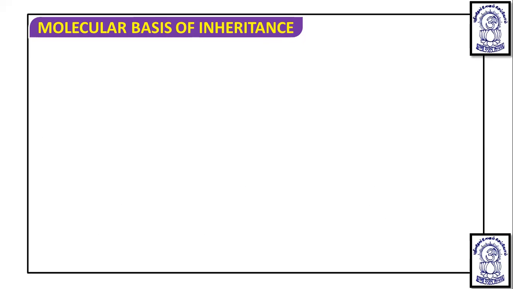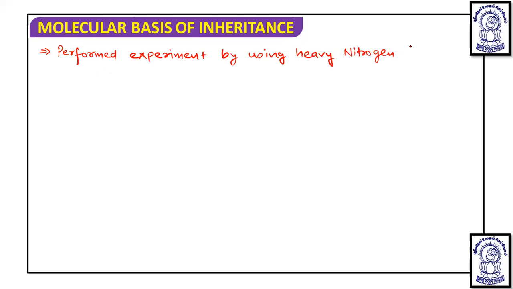Now, in the experiment, what did they do first? They performed the experiment by using a heavy isotope, heavy nitrogen, N15, in E. coli.